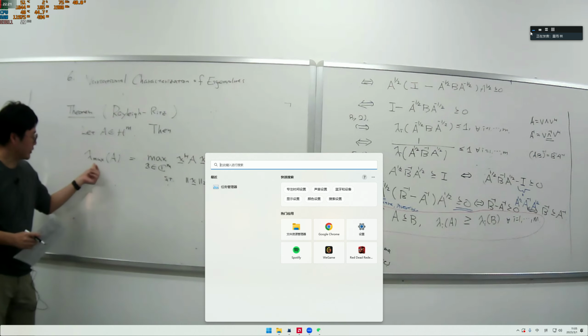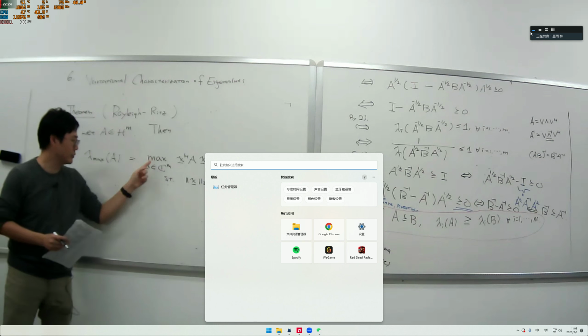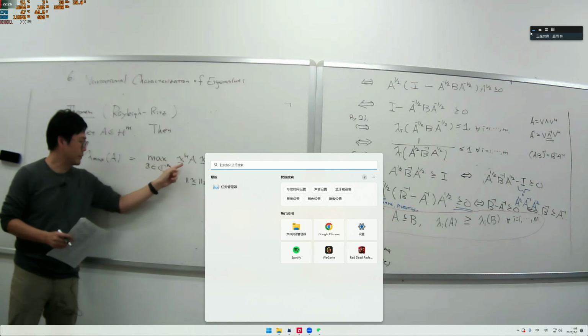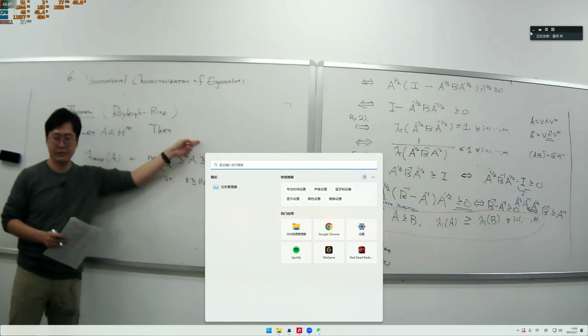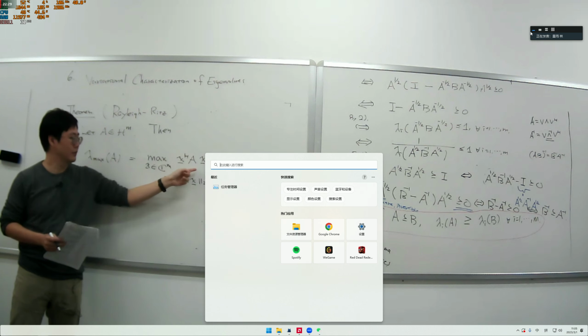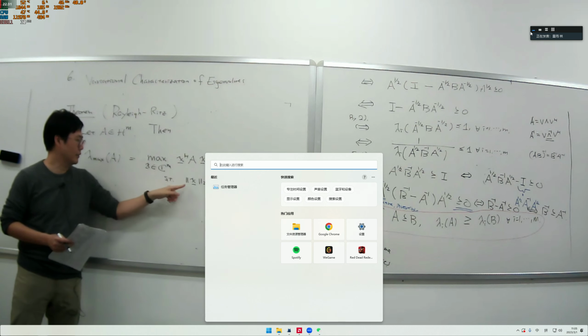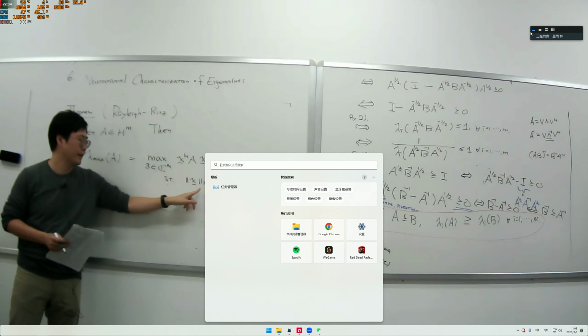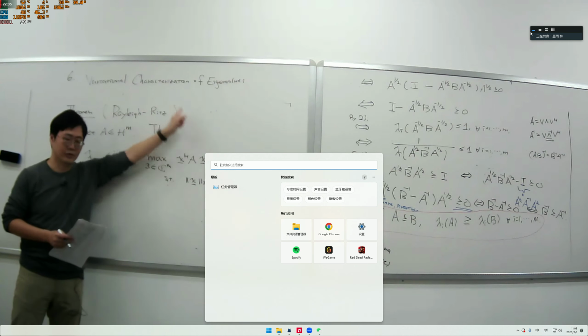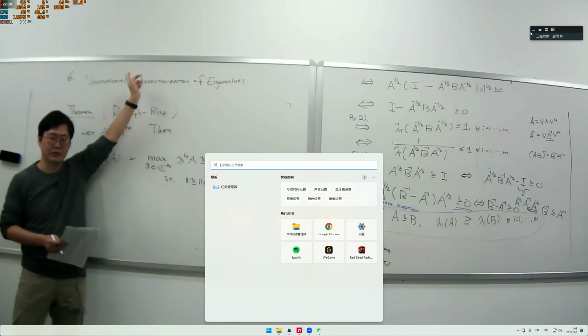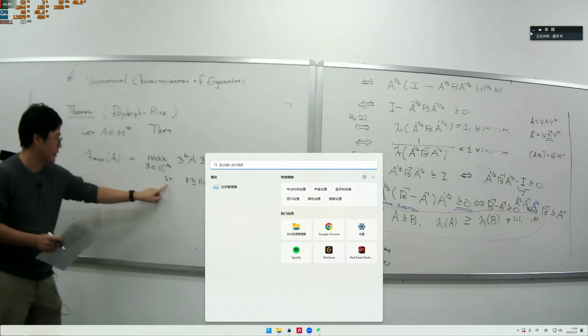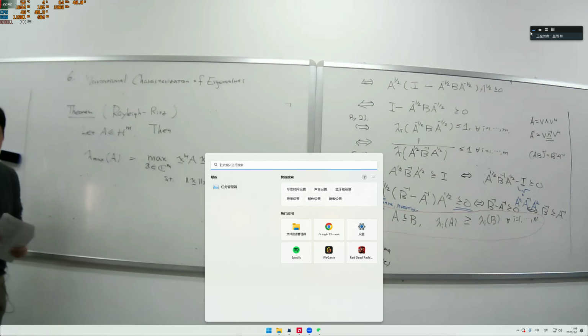The largest eigenvalue is equal to the maximum of the quadratic form, subject to a constraint on the length of x, otherwise it goes to infinity, right? So you need to constrain the length of the variable x.